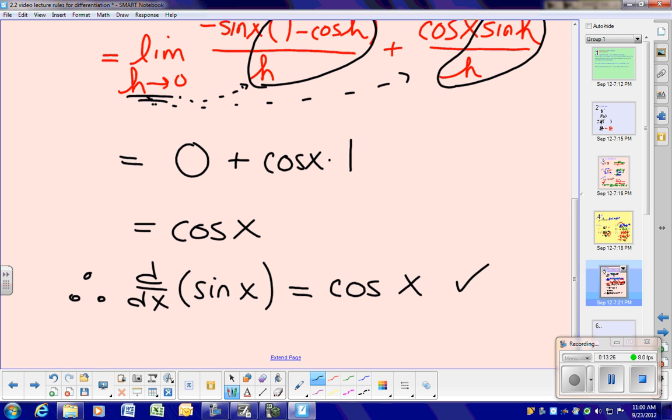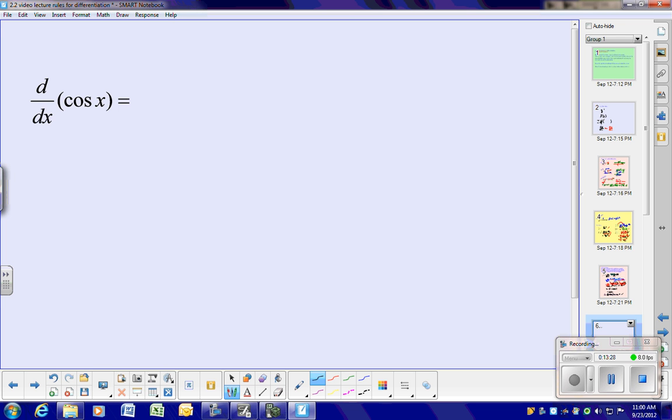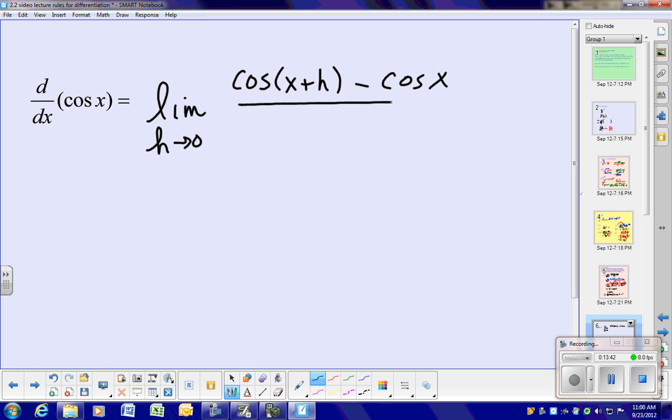Okay. On the next slide, we are going to derive the derivative of cosine. Same idea, using the limit definition of a derivative. We start out f of x plus h minus f of x all over h. Fantastic, okay? Now we're going to use one of those lovely trig identities on the part that's right here.